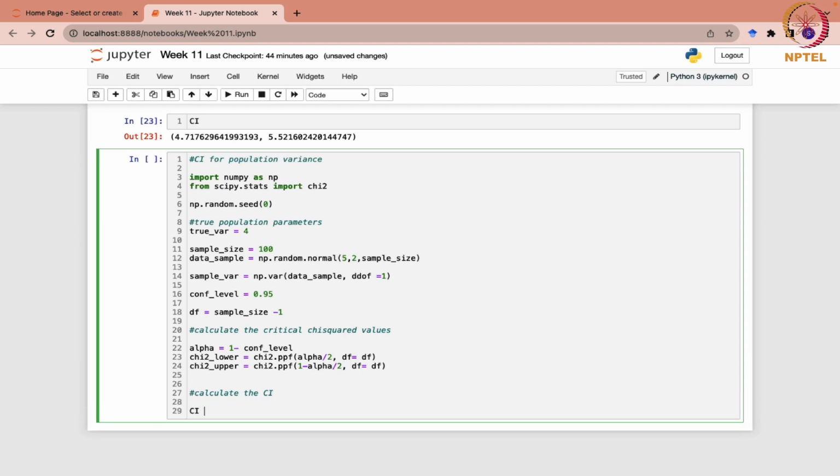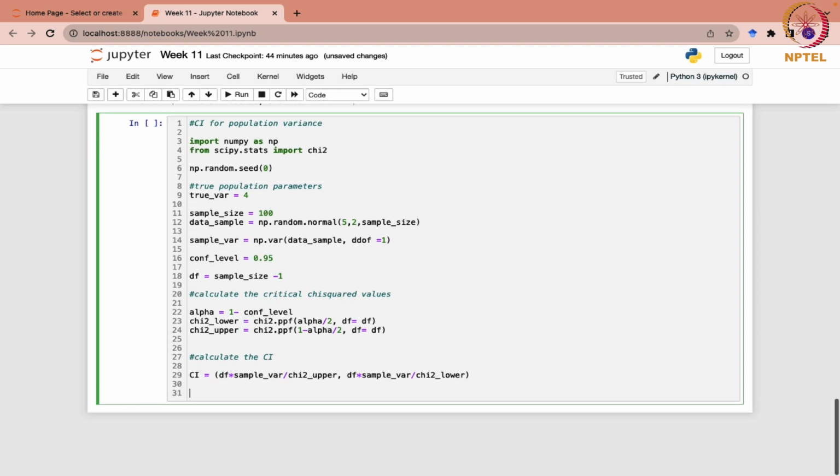So let CI be degrees of freedom, n minus 1, into the sample variance that we have calculated, sample var, divided by chi-square upper, that is chi2 underscore upper, comma df, into sample var divided by chi2 underscore lower.